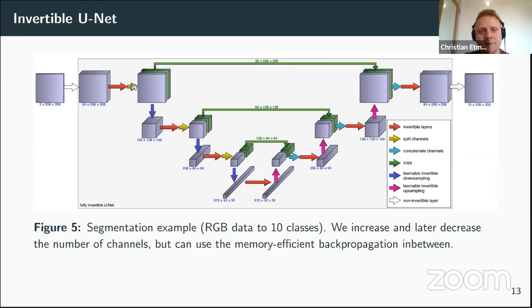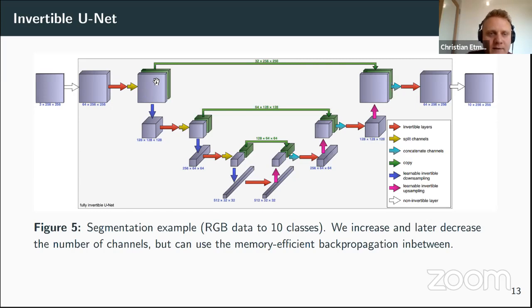Then later, after we've applied some layers to this, we just split the channels. So for example, we can take half of the channels or 1/4 of the channels, which is what we usually did in the 3D case, because then we get a doubling of channels for each downsampling operation.